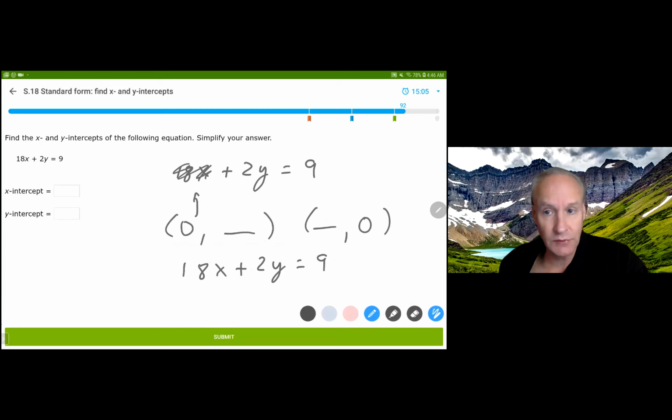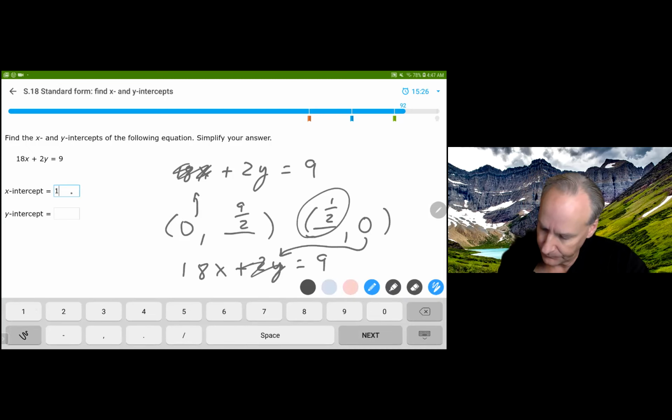I'm dividing by 2 on both sides. I get 9 over 2. You could write 4.5, but I like 9 over 2 better. Now I'm going to put the 0 in for y. And I'm going to get 9 over 18, which is 1/2. So those are my intercepts, really. The x is the 1/2. And the y is the 9 over 2.